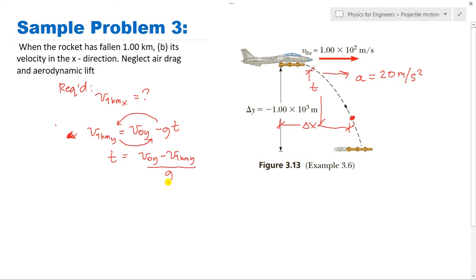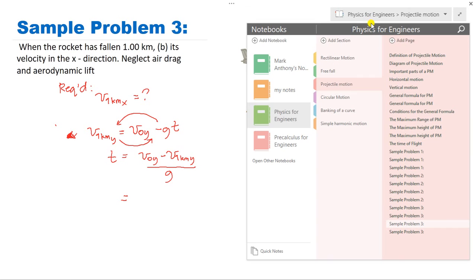Di ba? And take note, class, please follow the sign for your velocity. Since our velocity at 1 kilometer y is downward, so therefore negative na yan siya. So always take note, class, baka magkamali yung sagot nyo. So again, balik tayo kung anong value ng ating velocity at 1 kilometer.